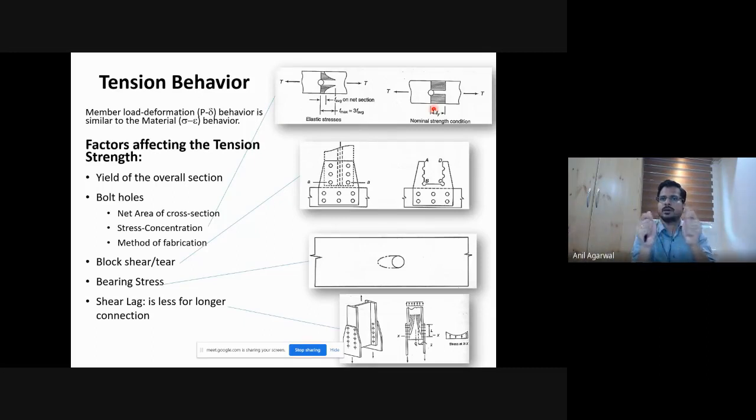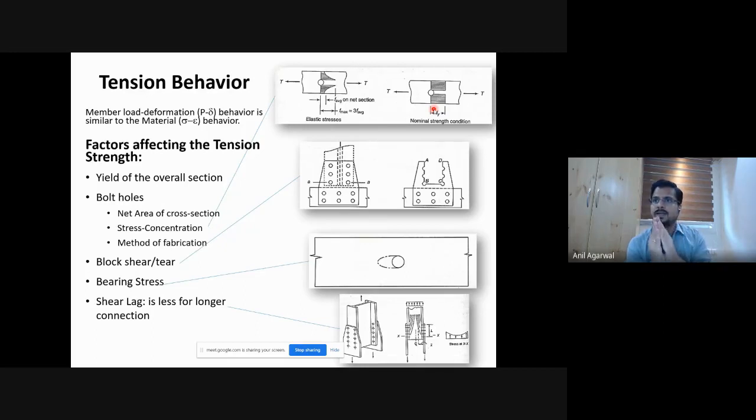So the additional deformation that we get because of the yielding in that neighborhood does not significantly alter the member stiffness. For that reason, we allow the net section to yield, and we don't consider that as a limit state. But we don't want the gross cross section to yield, so that is a limit state.